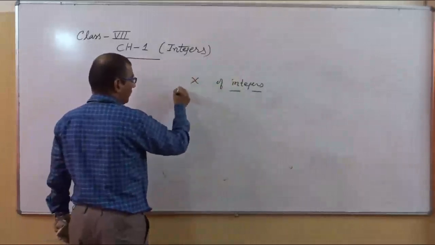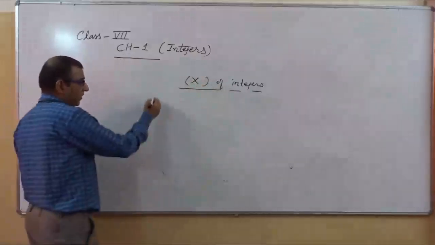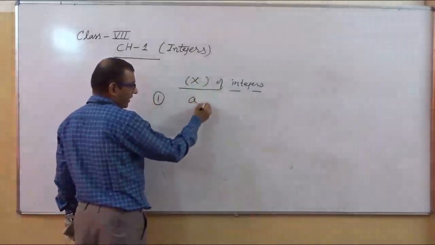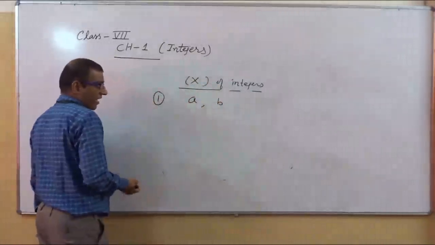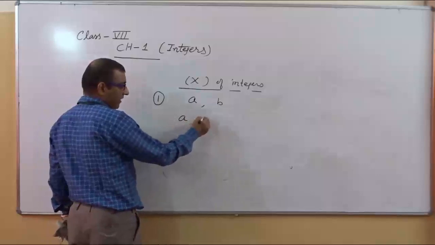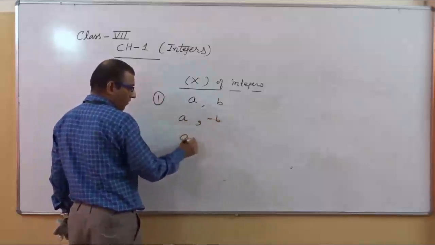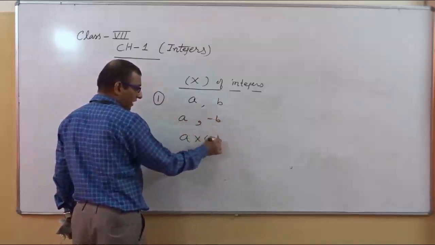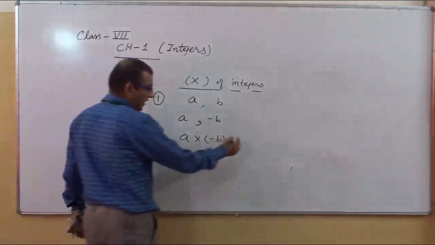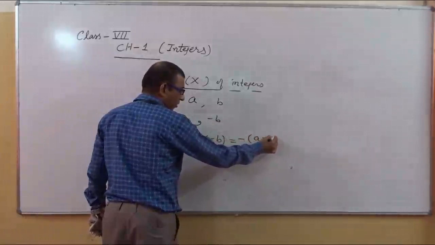In multiplication of integers, there are different types of multiplication. For example, if we take two integers a and b, where a is a positive integer and b is a negative integer, how can we multiply them? A positive integer a multiplied by a negative integer b can be written as minus of a cross b.